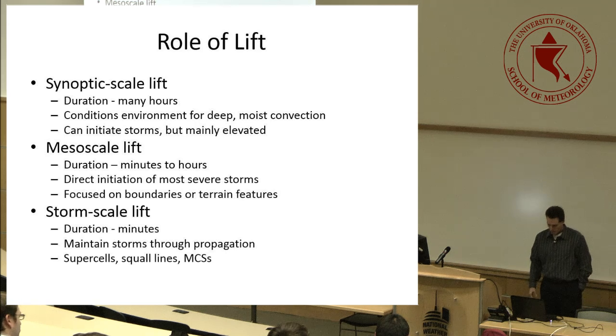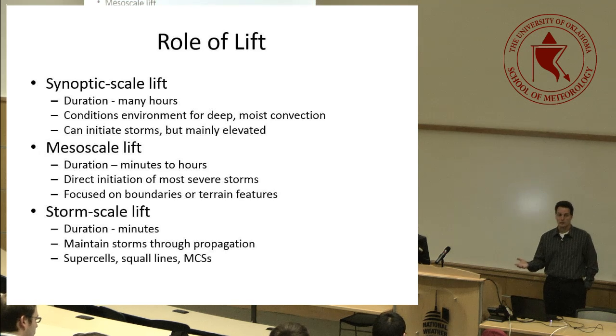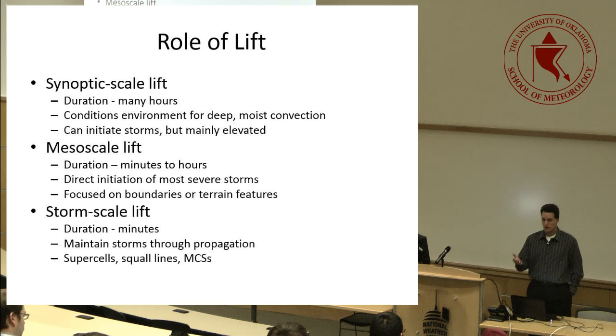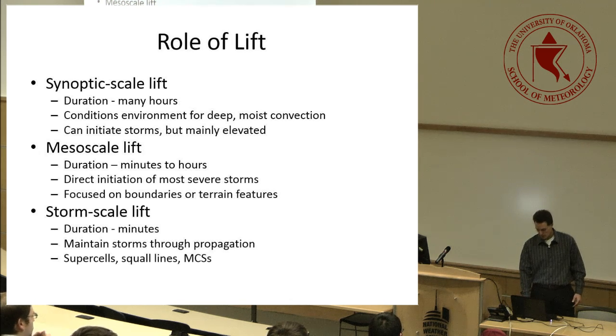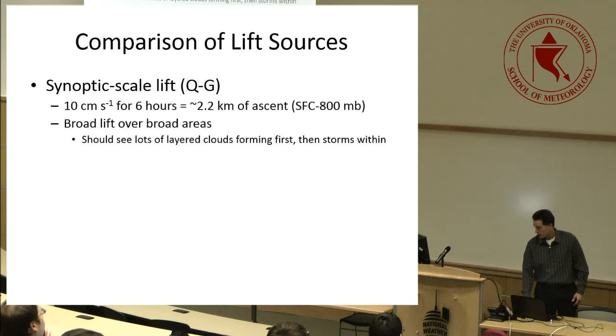And then, of course, we have to consider lift on the storm scale. It does matter because this is what's relevant to the maintenance of squall lines, supercells, that sort of thing. In our next session, number 4, in a couple of weeks, we'll talk about this in some detail.